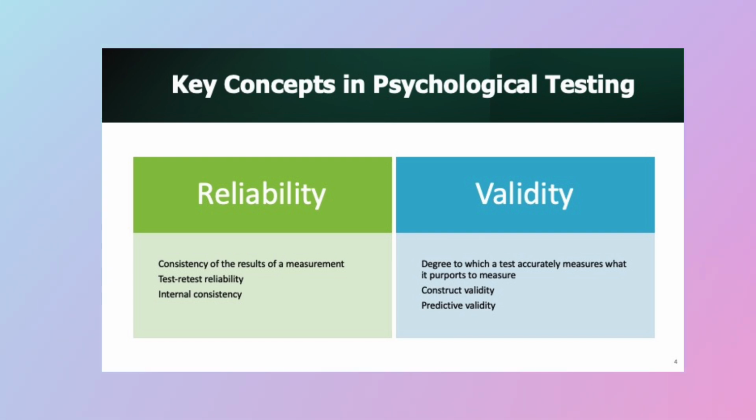So test-retest reliability would capture the degree to which the scores from test 1 to test 2 are consistent. If a person is tested on day 1 and then tested again on day 2, their testing should yield similar results.